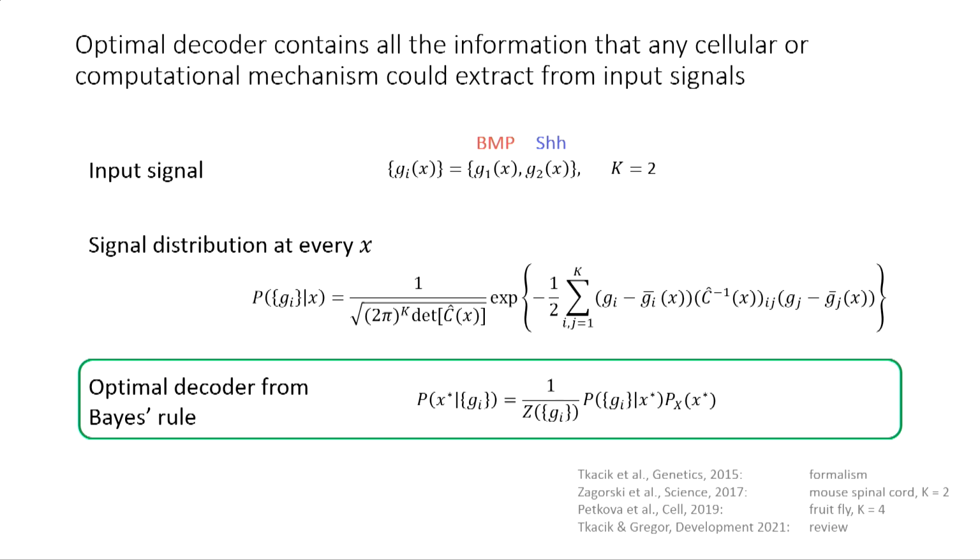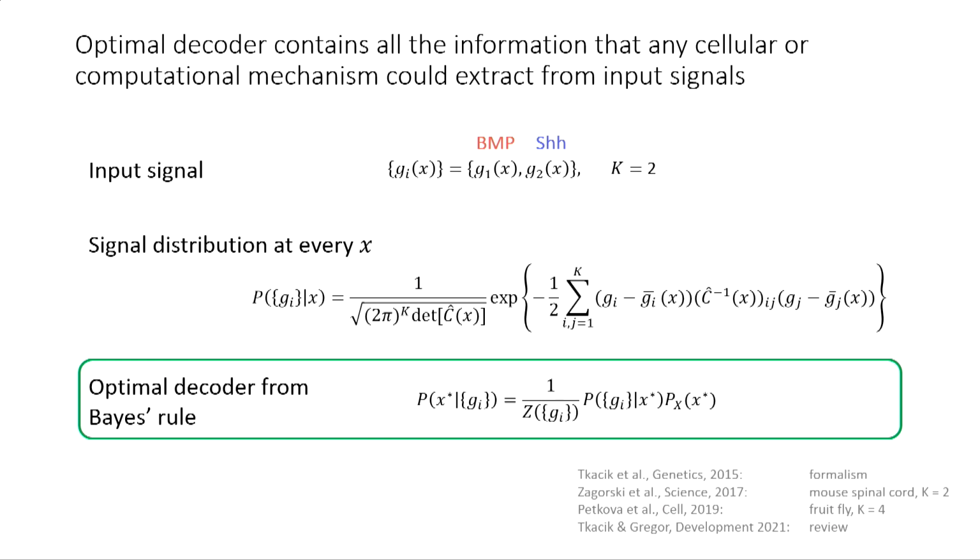G_i is the input signal. Here, G1 is BMP, G2 is sonic hedgehog. They are measured at the same time for every position in the embryo. Then we also assume that the distribution of the signal at every position can be approximated with a smooth Gaussian distribution, a bivariate Gaussian distribution in this case.